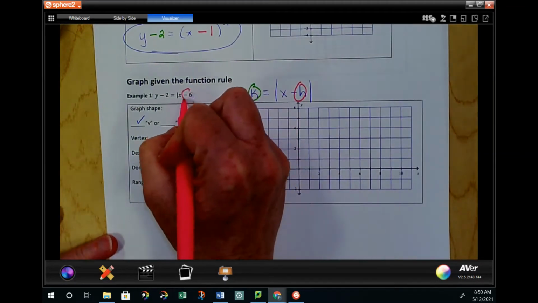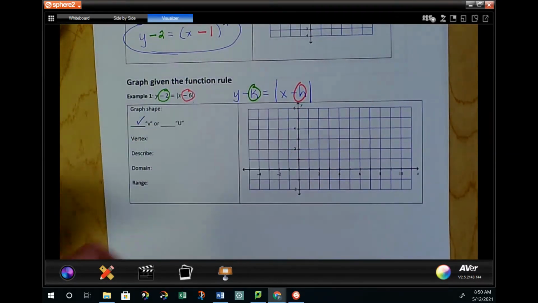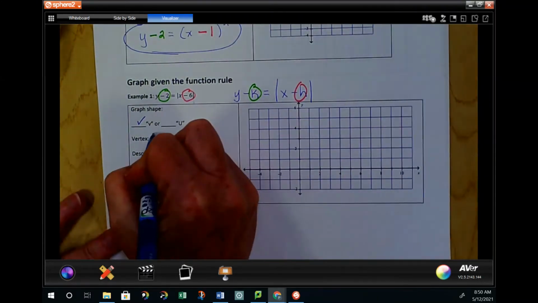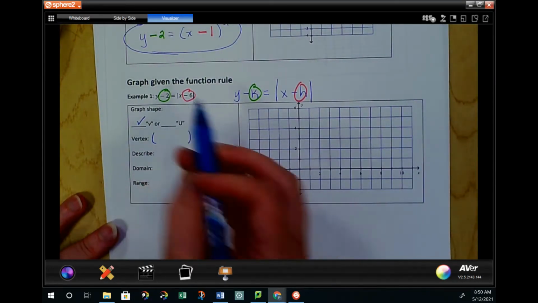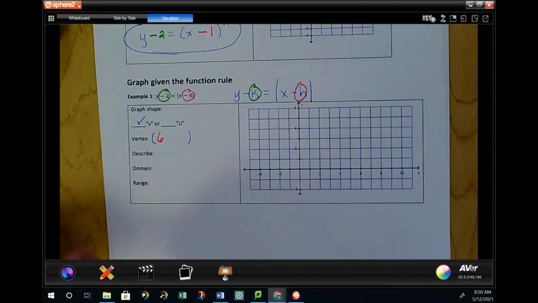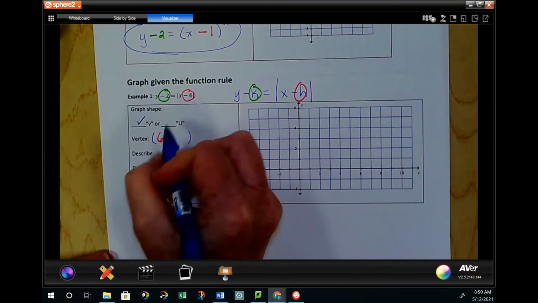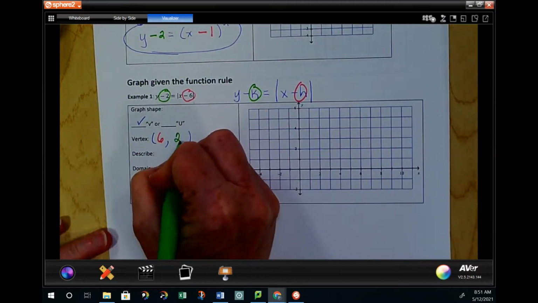I'm going to circle these. When it's inside that function rule, your vertex has to be the opposite of negative 6. So the opposite of minus 6 is positive 6, and your k, the opposite of minus 2, would be positive 2.